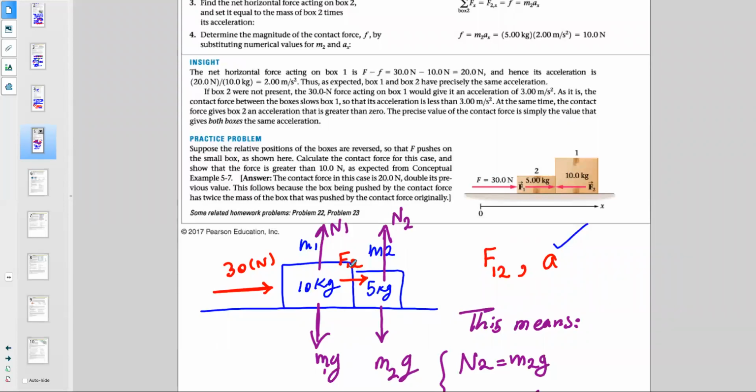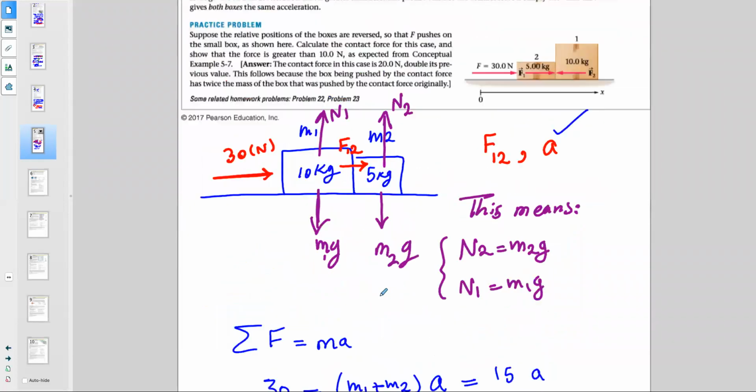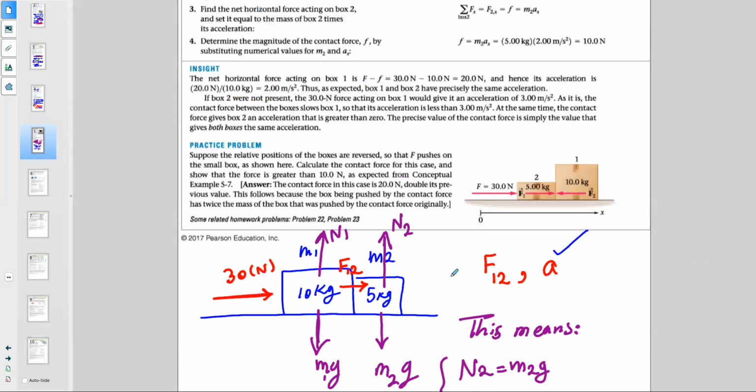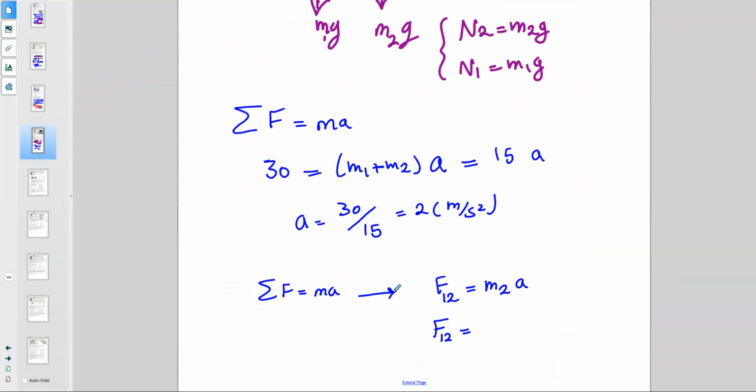So this F12 is only responsible for the motion of this mass that is in front of it, which is only 5 kilogram. So we have M2A, right? So F12 is M2, which is 5 kilogram, times A, which is 2 meters per second squared. This will give us the 10 newtons of force between the two boxes as the contact force.